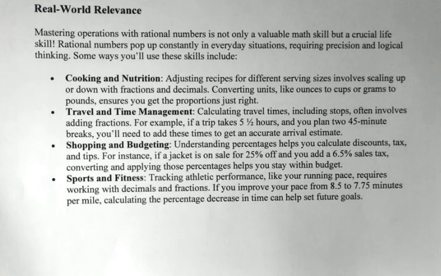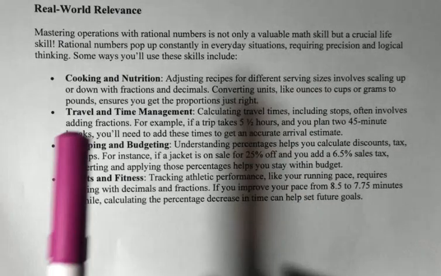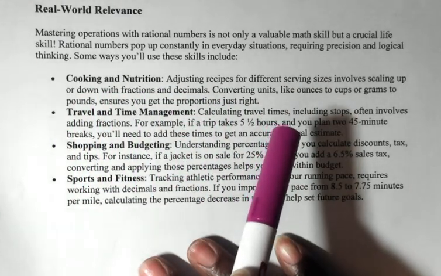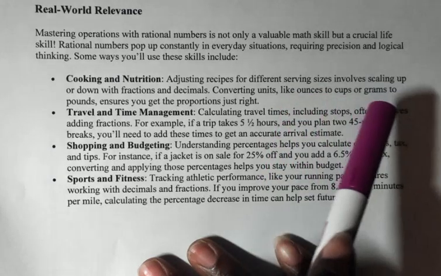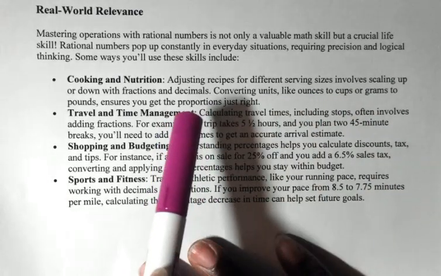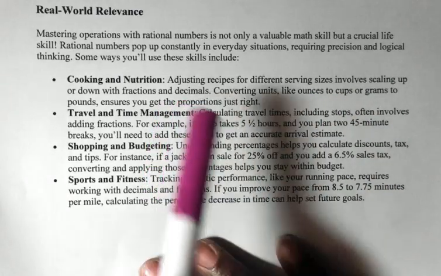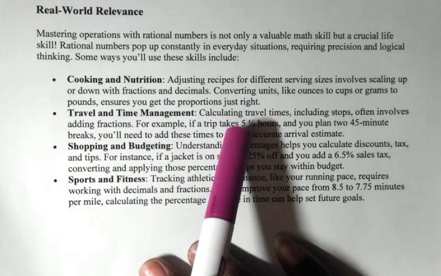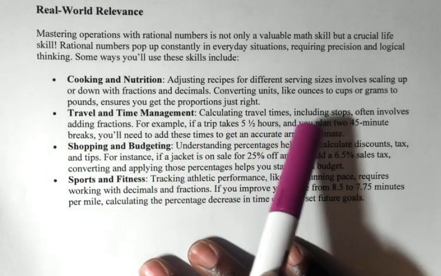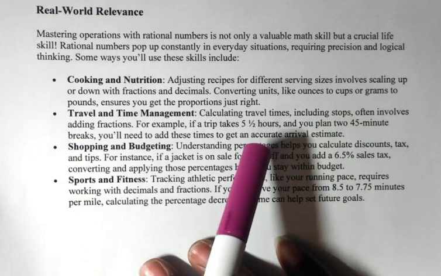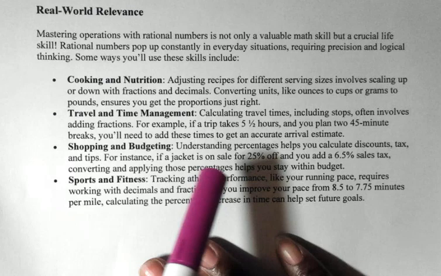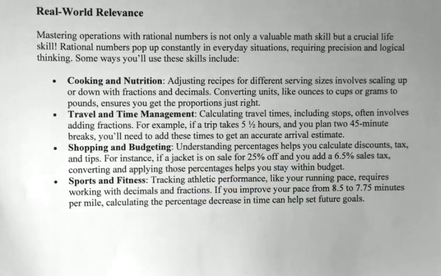So, some of the ways that we deal with rational numbers is in cooking, nutrition, if we're serving different sizes or we're scaling up or down, we could be working with fractions and decimals. In terms of travel, time management, if we're calculating travel times or we're including stops, we could be talking about fractions, whole numbers. So there's a combination of things that we could be looking at.